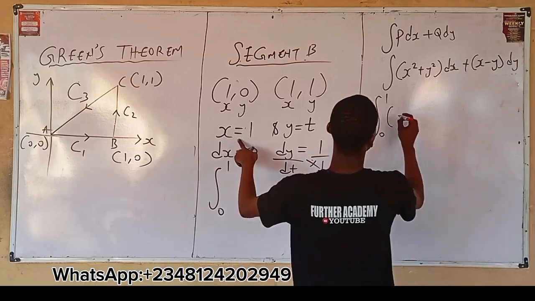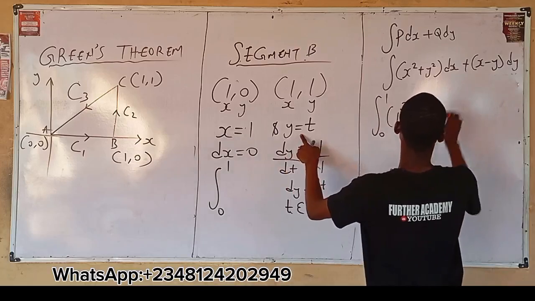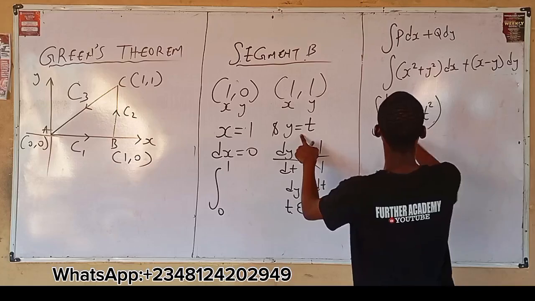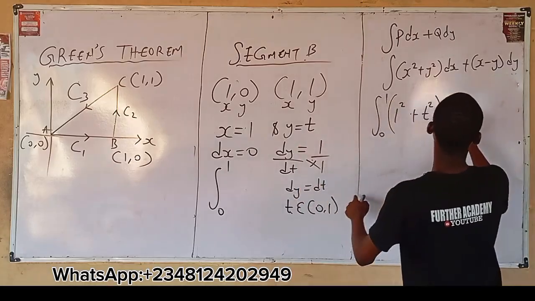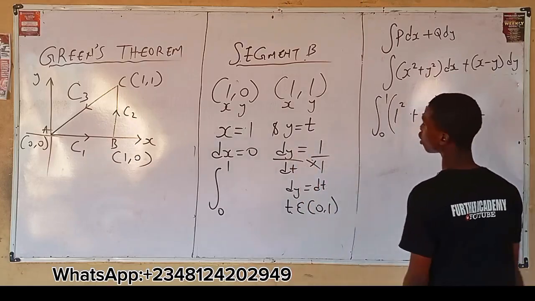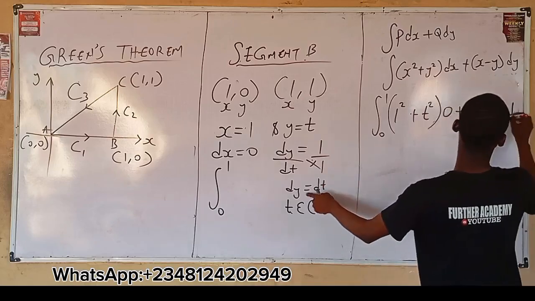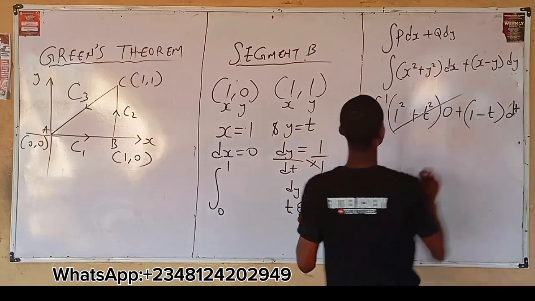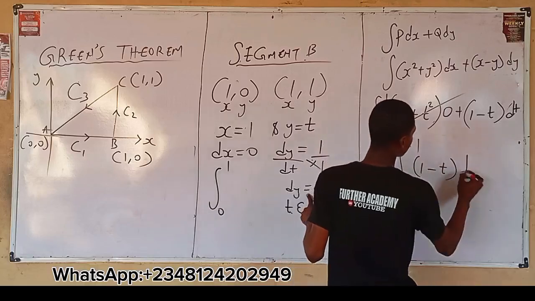This is x, meaning 1 squared plus y, that is t squared, times dx. dx is 0, plus all in brackets x, which is 1, minus y, which is t, multiplied by dy, which is dt. Then this cancels out, so you have integral 0 to 1 of 1 minus t dt.